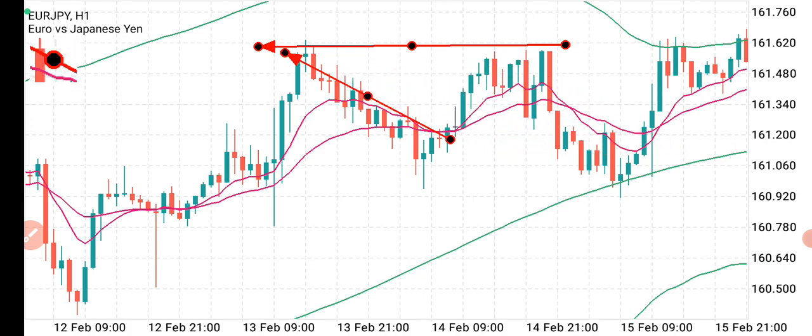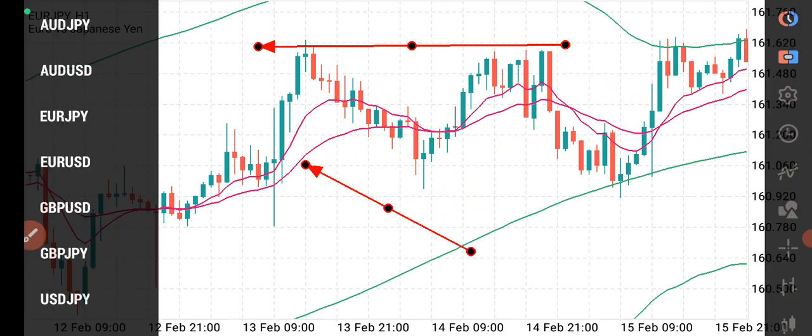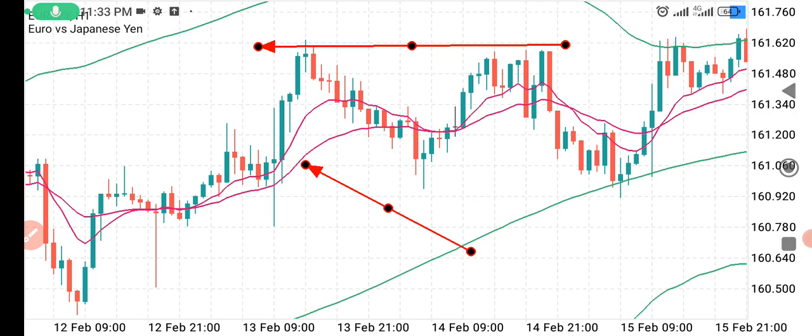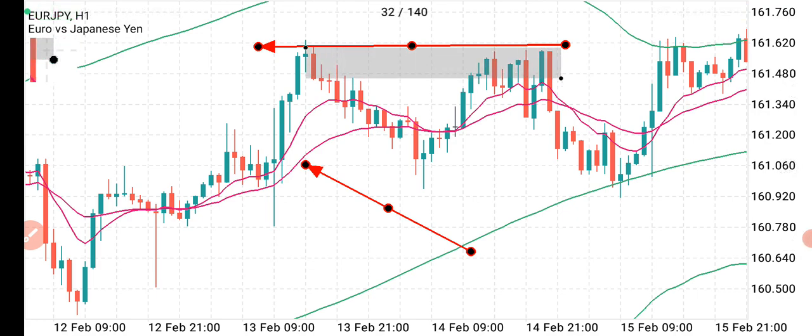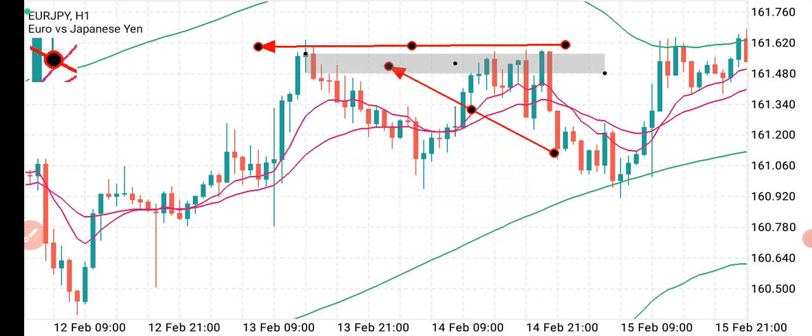Now because we know there is a resistance here, which doubles as an order block, you can see it, there is a resistance there which doubles as an order block. So this particular pin bar forming close to it, we know it is not valid because it is formed close to a resistance, and so there is a tendency of a reversal.